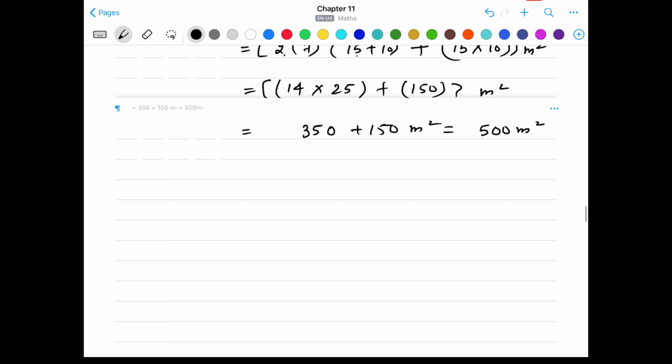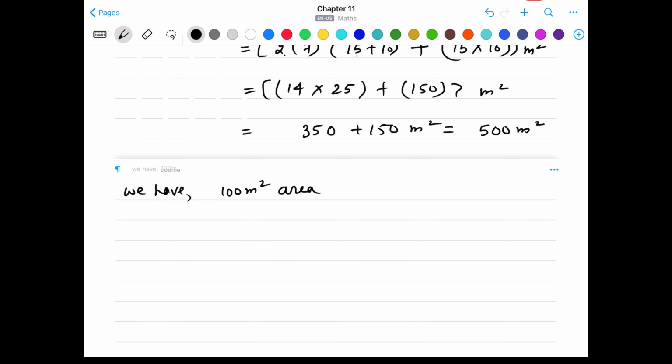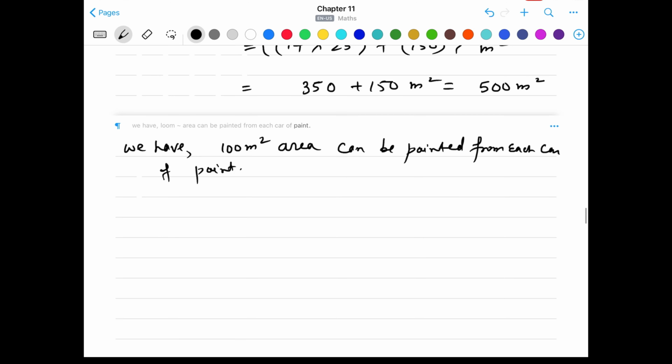Okay, so we are given that 100 meter square area can be painted from each can of paint. It is given in the question that 100 meter square area can be painted from each can of paint.